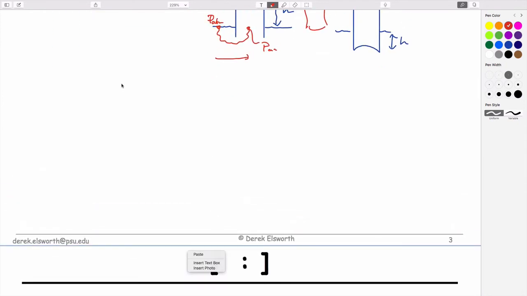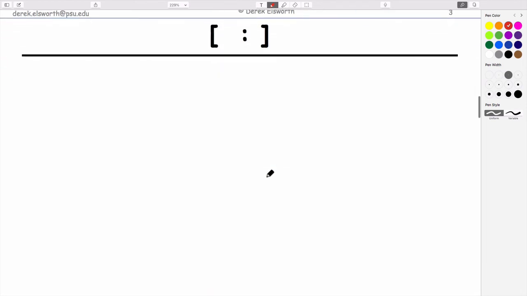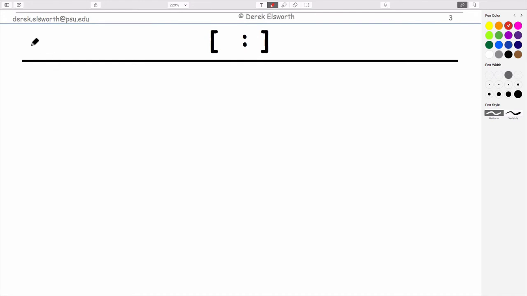The easiest way for us to do that is to do it for an incompressible fluid. And we've really already done it, right?